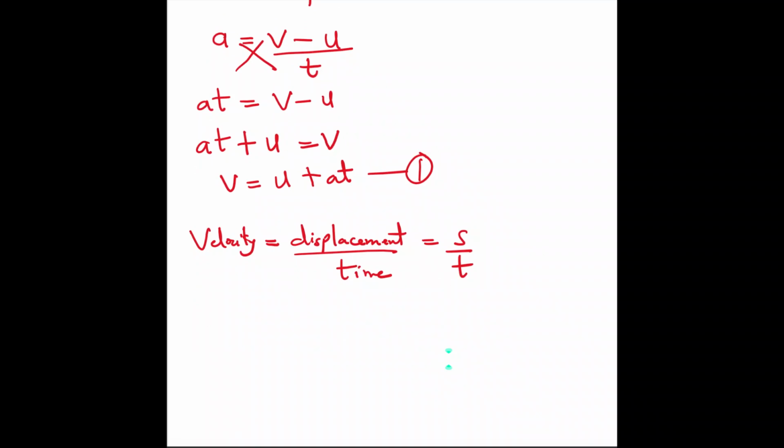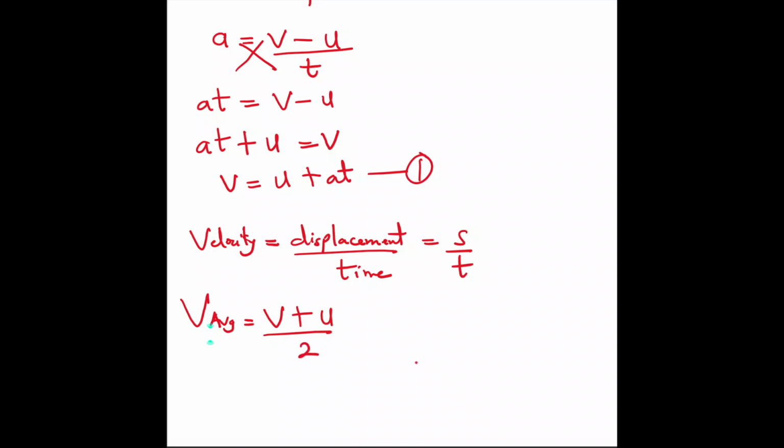Average velocity is the addition of the final velocity and the initial velocity divided by 2. So we have average velocity to be V plus U over 2.